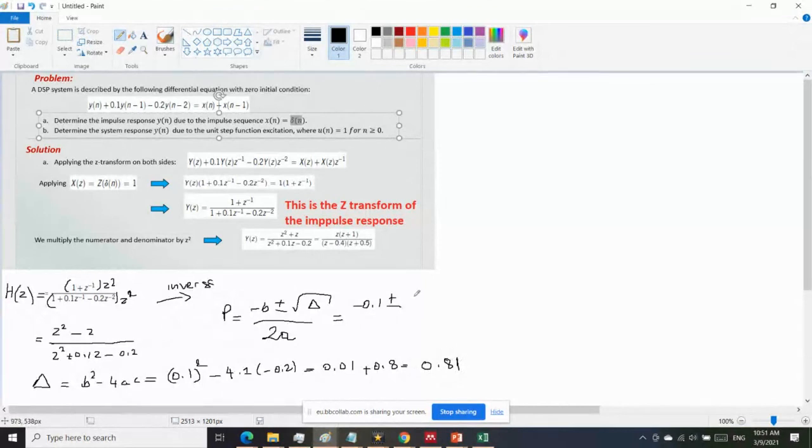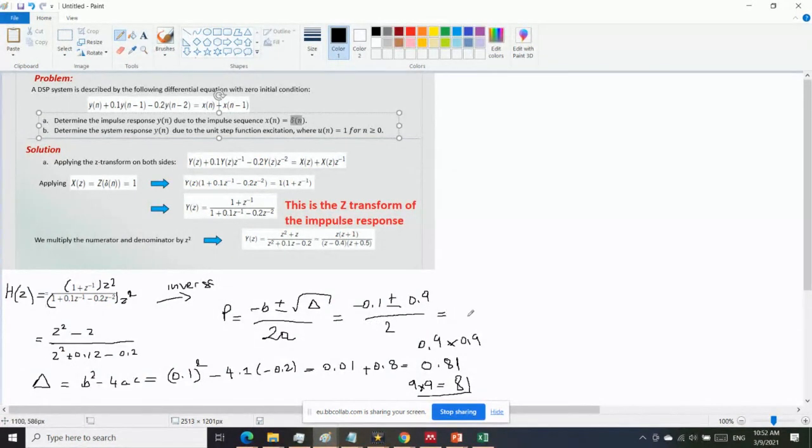The square root of 0.81 is 0.9, since 0.9 times 0.9 is 0.81, and a is 1, so over 2.